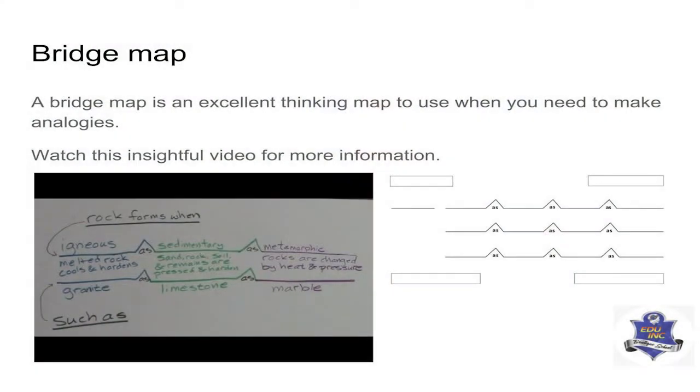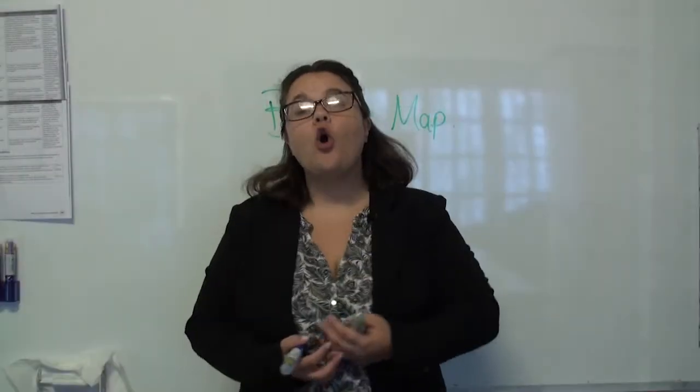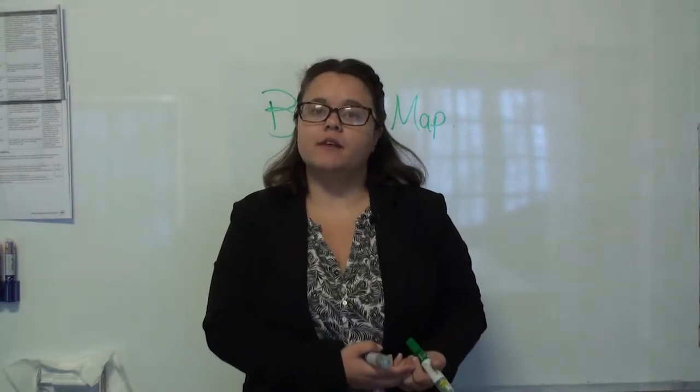So the next thinking map that we're going to be looking at is the bridge map. The bridge map is used for seeing analogies, and it's an excellent thinking map if you need to understand or even evaluate something.